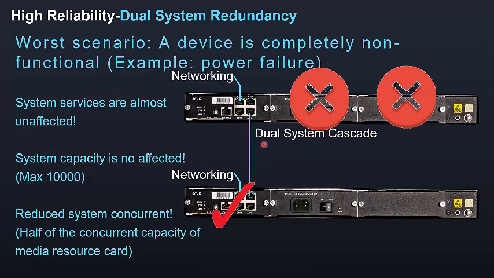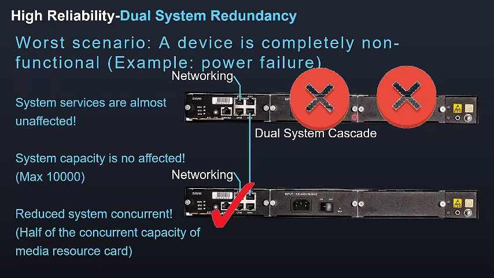And here, the worst scenario, if a device is completely non-functional, say for example, a power failure. With no power, I would say that the system services are almost unaffected. Why almost? Because generally the concurrent call will be reduced. And of course, the system capacity is not affected.